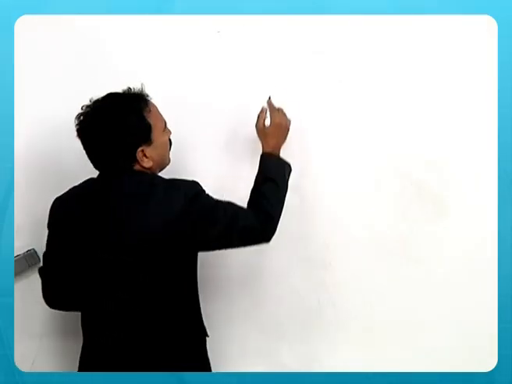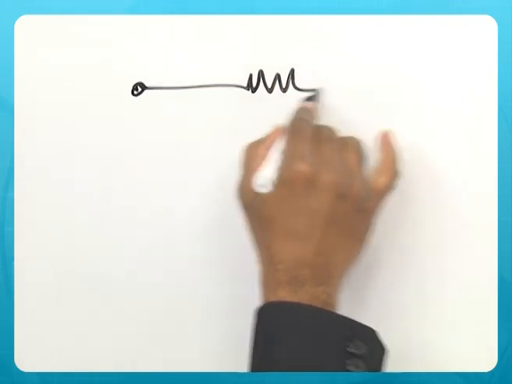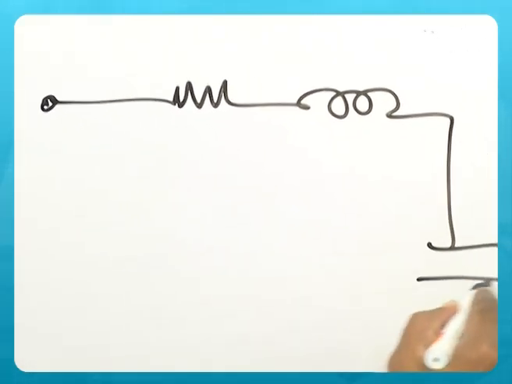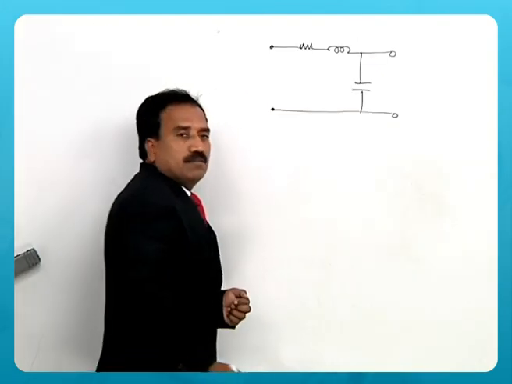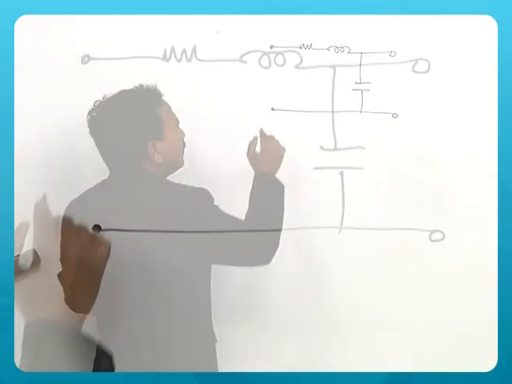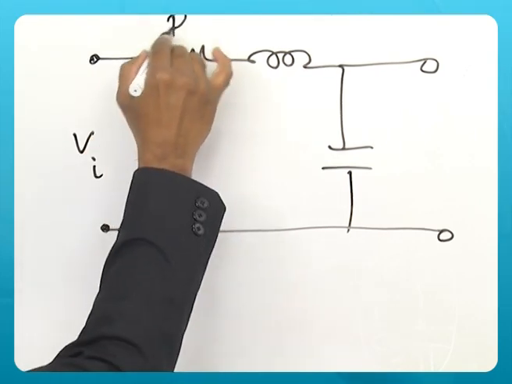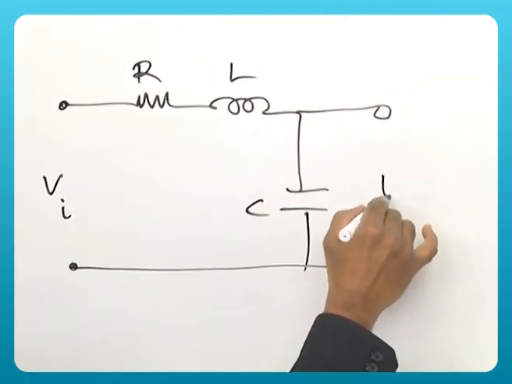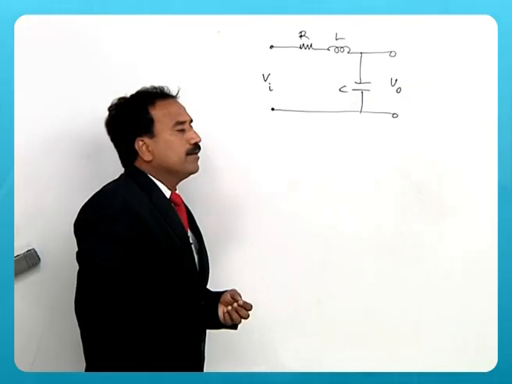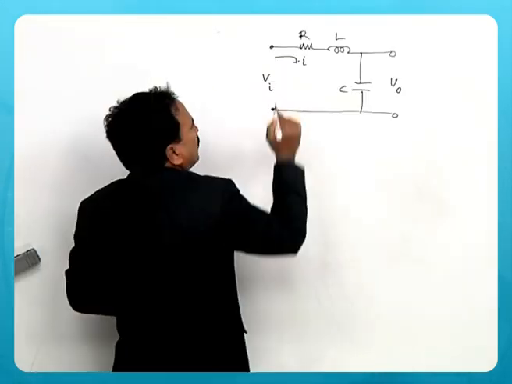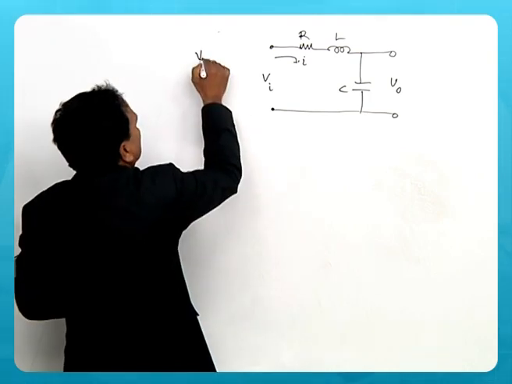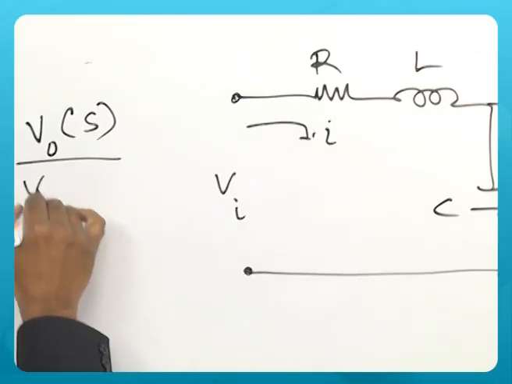Now consider an RLC series circuit. This was given even in the previous class. Suppose you are asked to find the transfer function V0 of s by Vi of s.